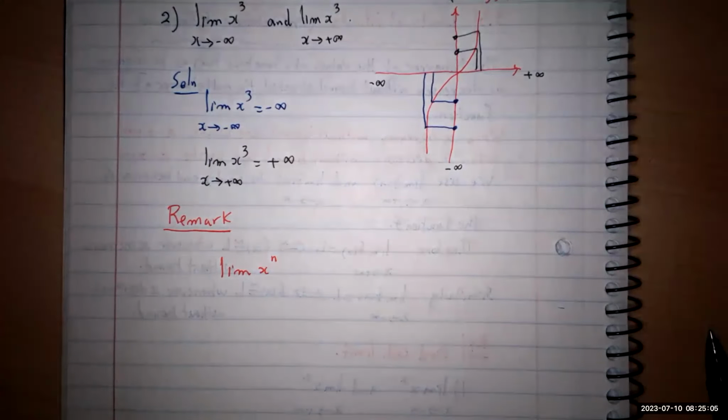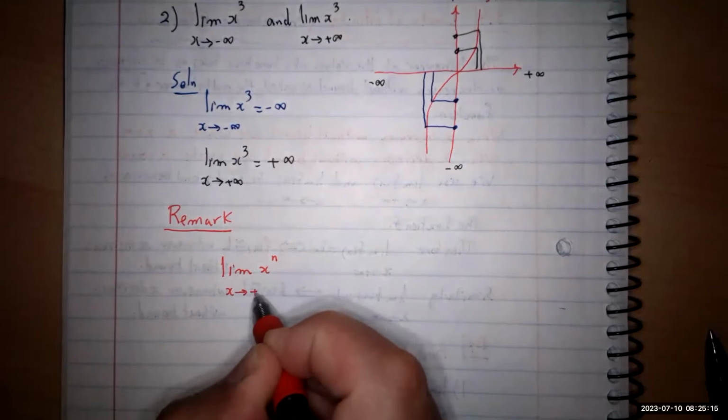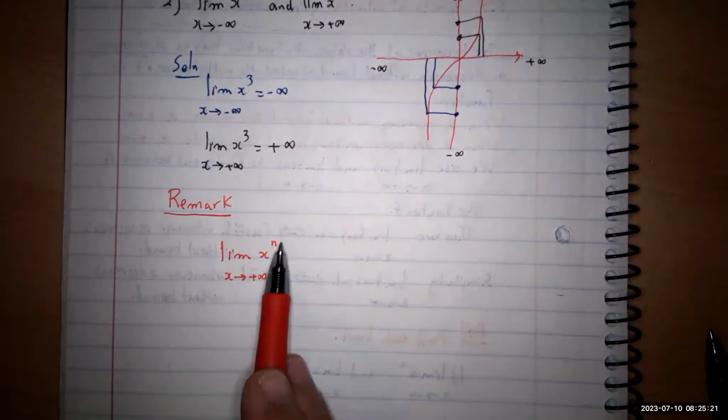Okay, this is going to be the case. And then you want to find this limit, let's say when x goes to positive infinity. We have nothing to worry about here. When x goes to positive infinity, since it's positive, you raise it to any power, it would be positive again.